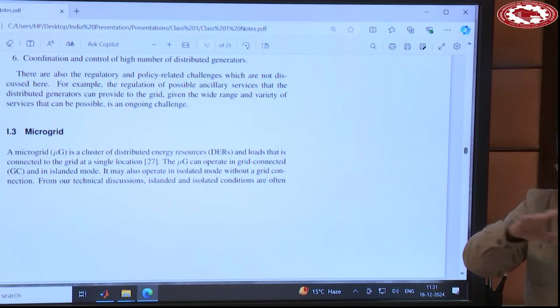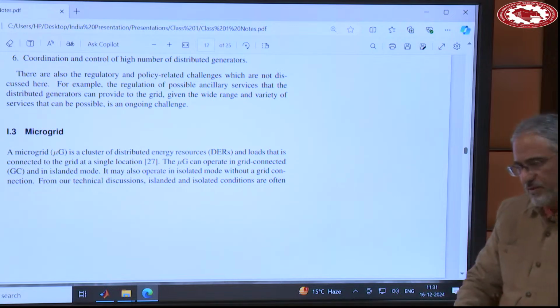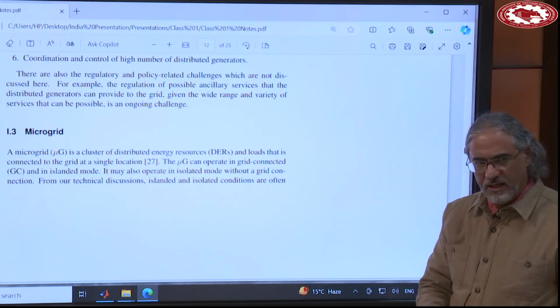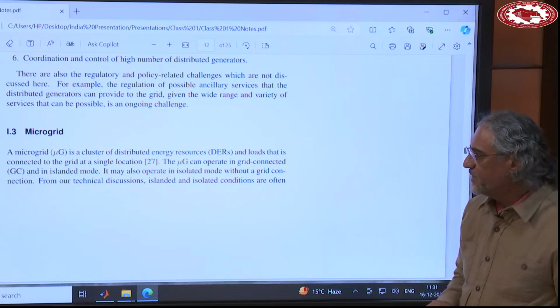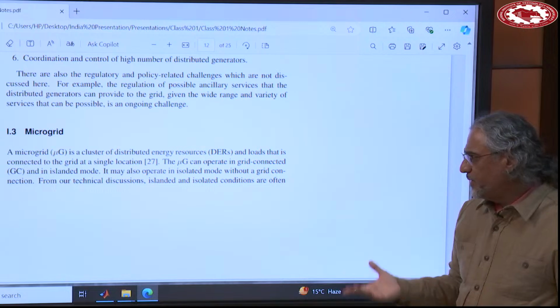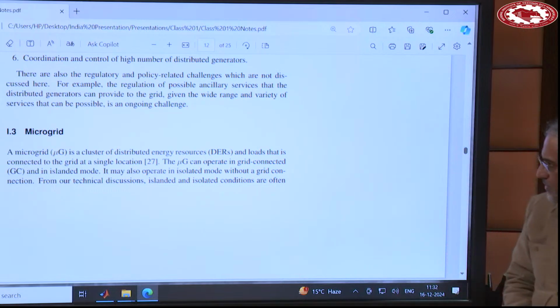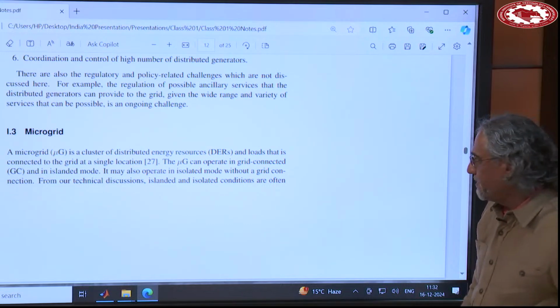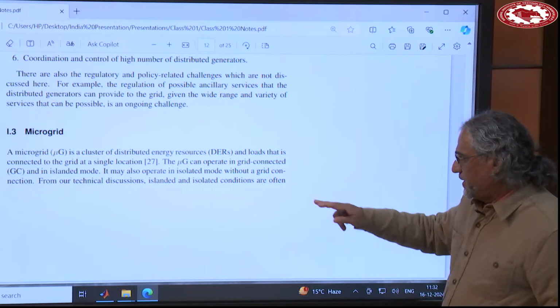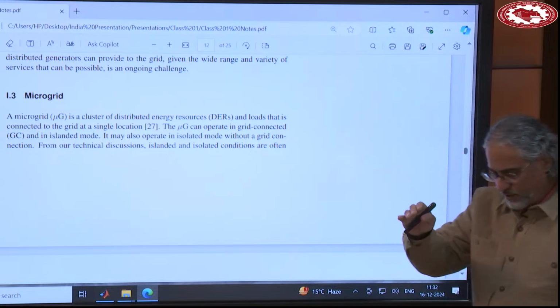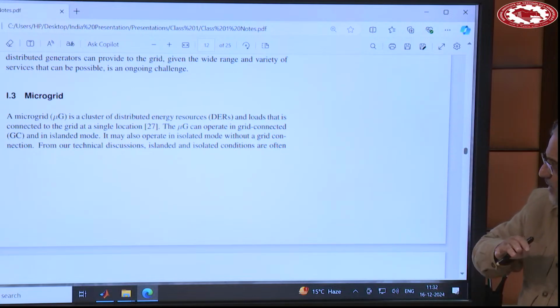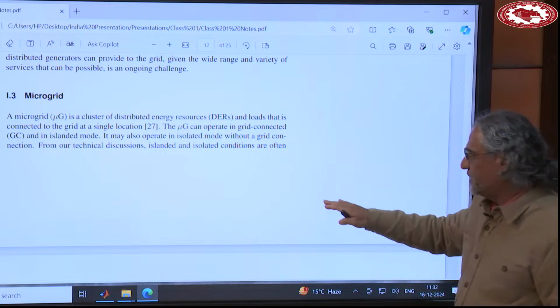So now you can look at this cluster of generators and loads as one entity and deal with it as one entity. That is a microgrid. So a microgrid is a cluster of distributed energy resources and loads that is connected to the grid at a single location. It can operate in grid-connected and islanded modes, so at that particular point it can be disconnected from the power grid or can be connected.